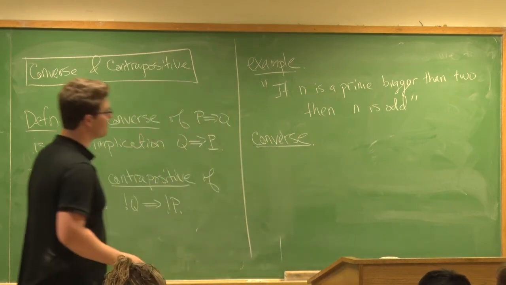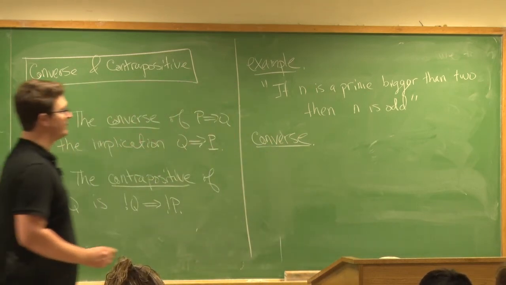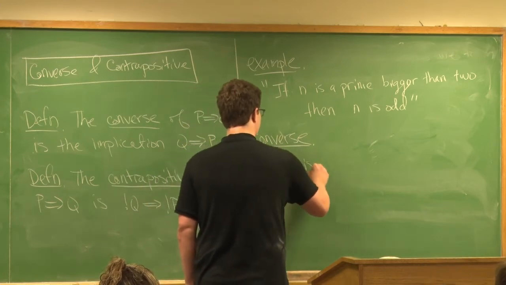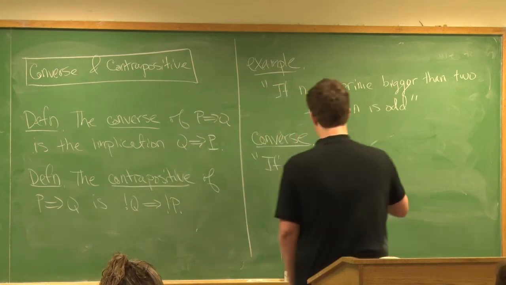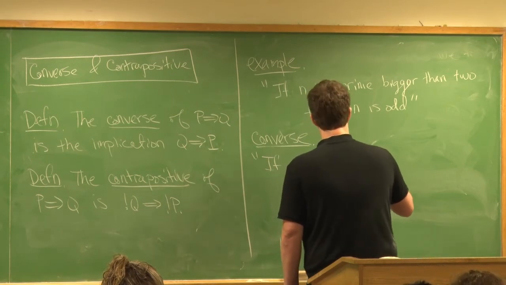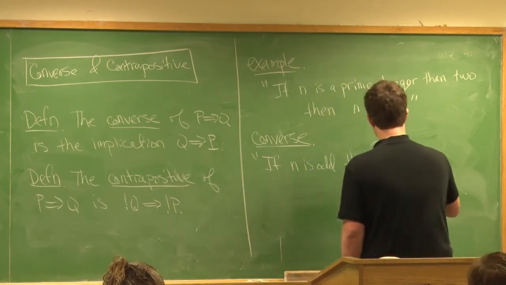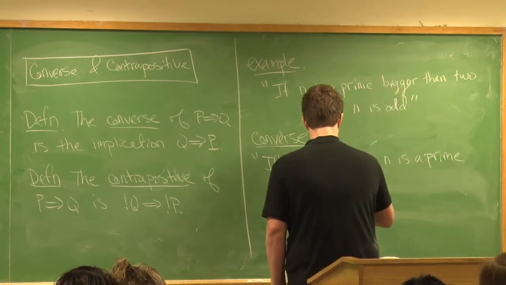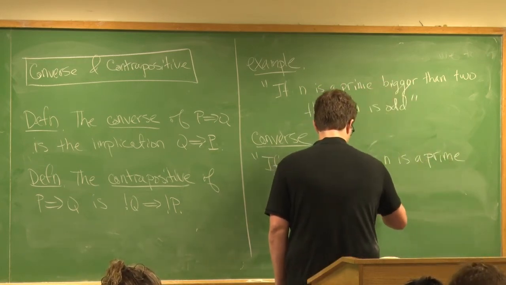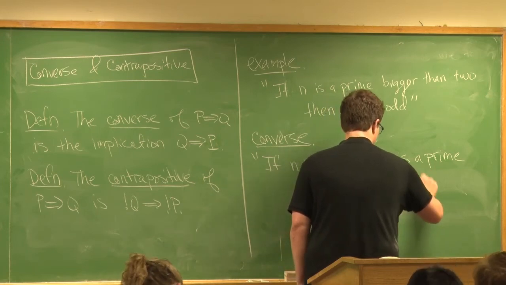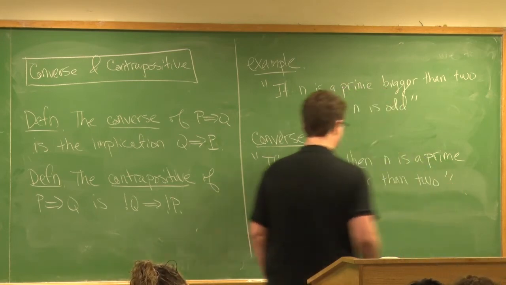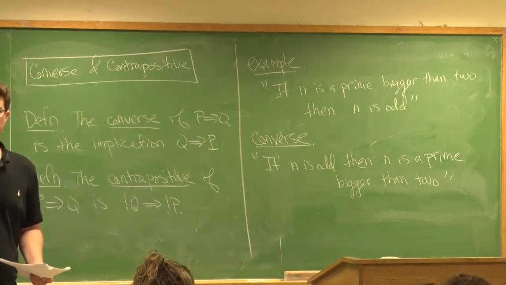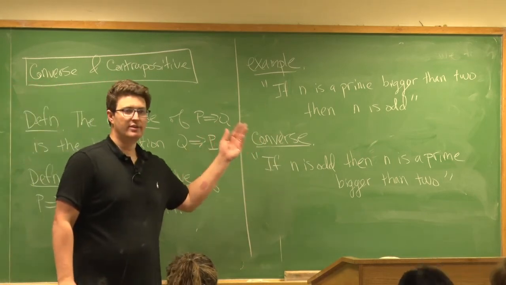The converse of this statement would say: if n is odd, then n is a prime bigger than 2. This statement is false, whereas the original statement is true.